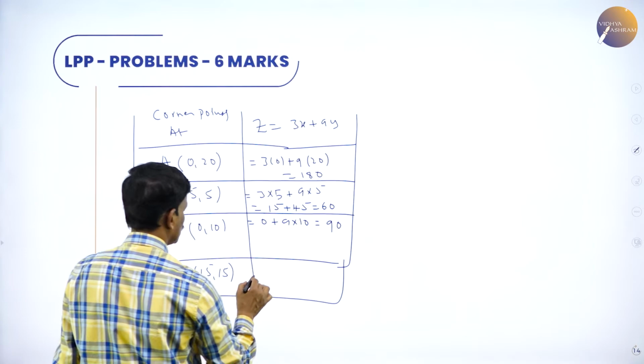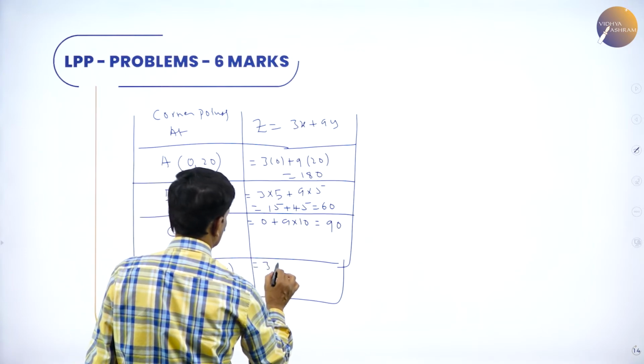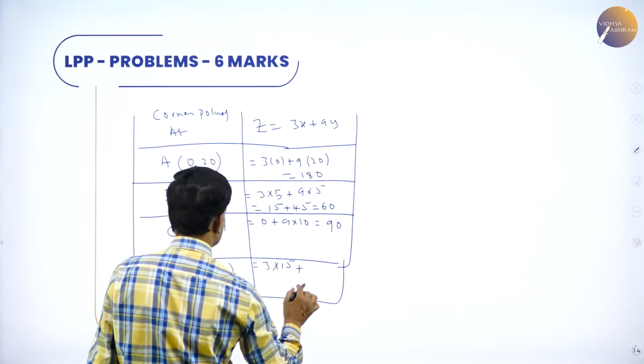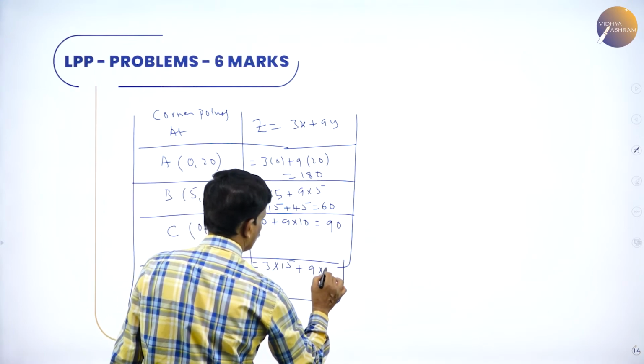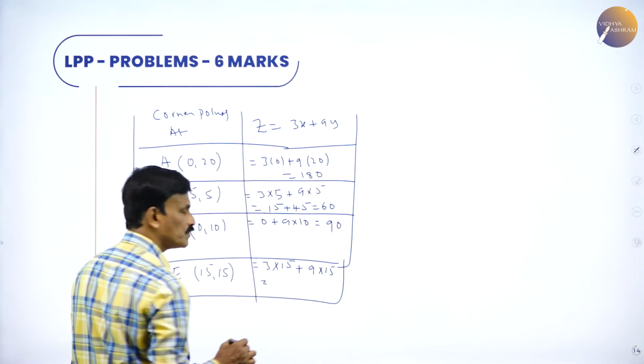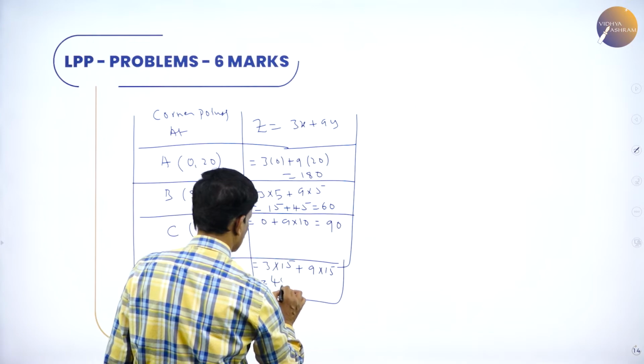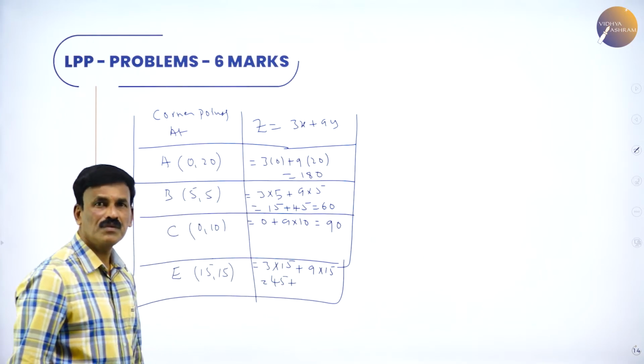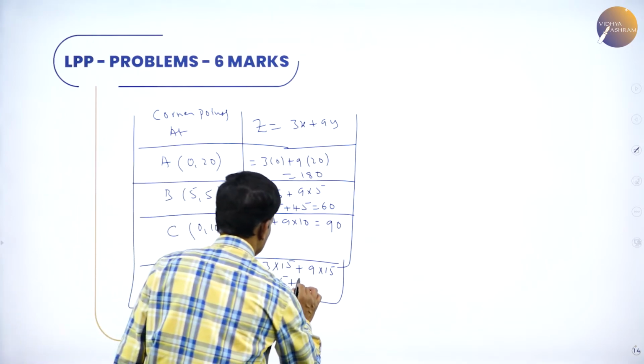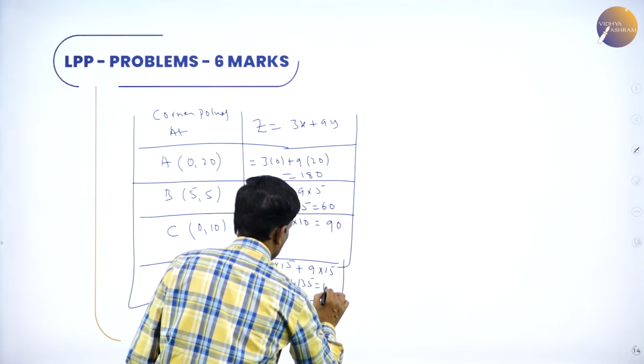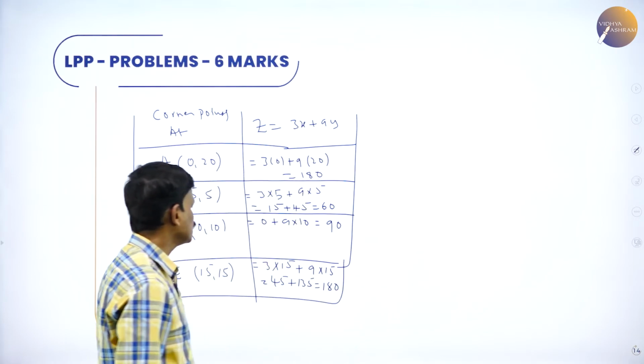Then at E, this is 3 into 15 plus 9 into 15. So 15 into 3 is 45 plus 15 into 9 is 135. So this is again equal to 180.